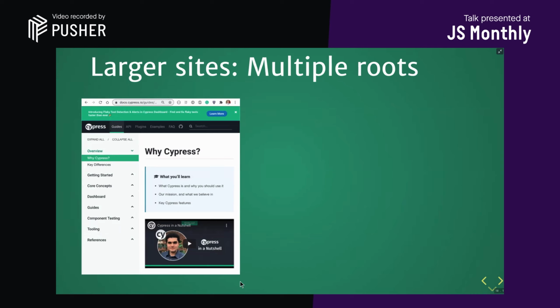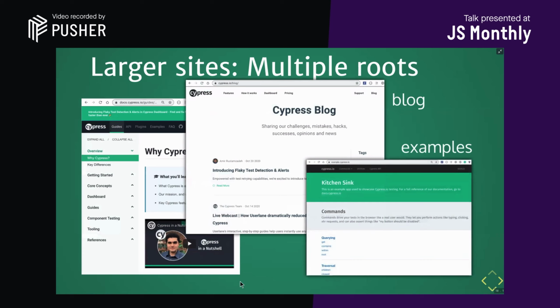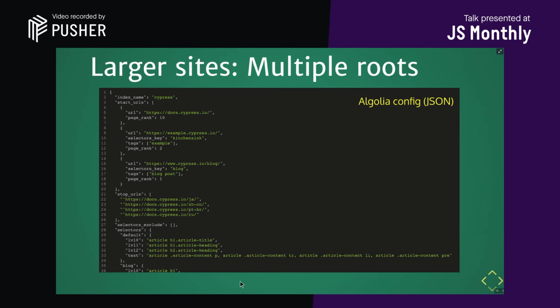Imagine you have a documentation site, and you also have a blog that has technical content, and maybe you have more examples, maybe some secondary site with just examples. In that case, take that Algolia config file, and you can define multiple starting URLs. So you can start scraping the main site, your secondary site, and a blog.